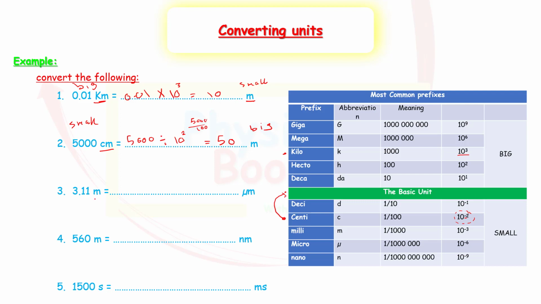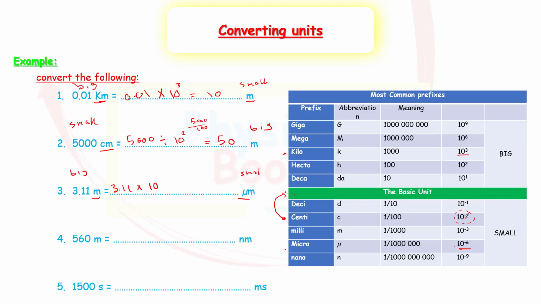Next problem, it says to transform from meters into micrometers. So I'm transforming from big to small. It's quite obvious right now. Since I'm transforming from big to small, I'm going to say 3.11 multiplied by 10 to the power. From big to small, what is the unit? I'm transforming from meters into micrometers, and it has 10 to the power negative 6.